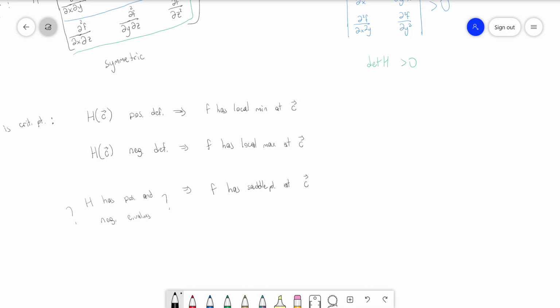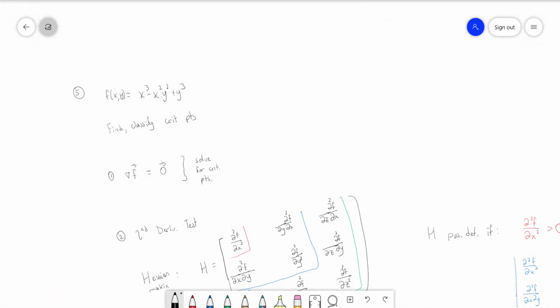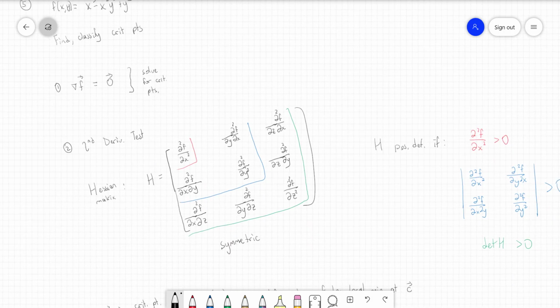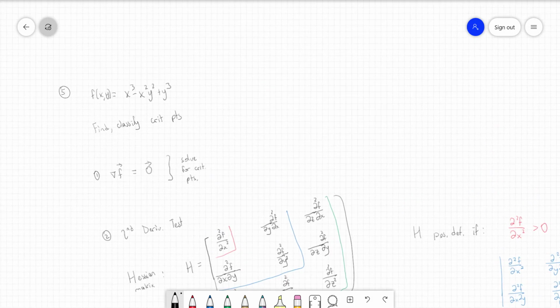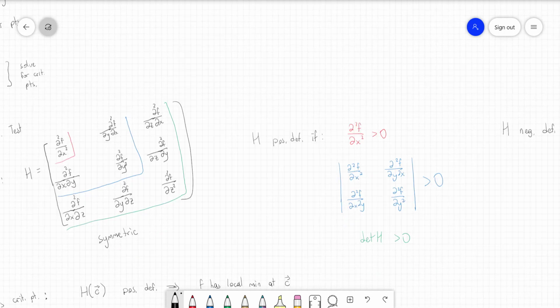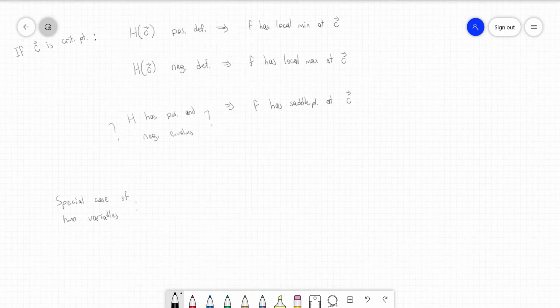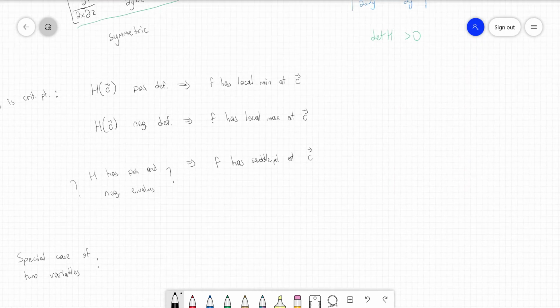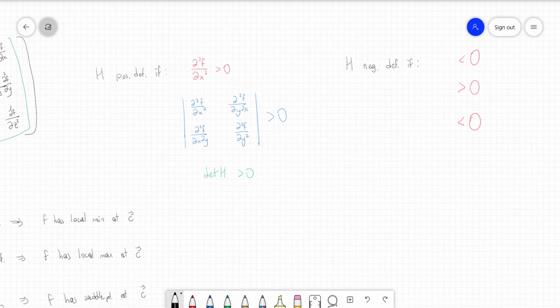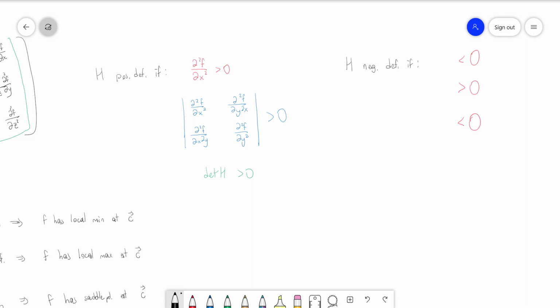And then let me see here. Now, for the special case where your function is a function of two variables, I guess I'll just write it down here. Okay. So I know that for a function of two variables, for your Hessian to be positive definite or negative definite, since you have two variables, you wouldn't have this third case.